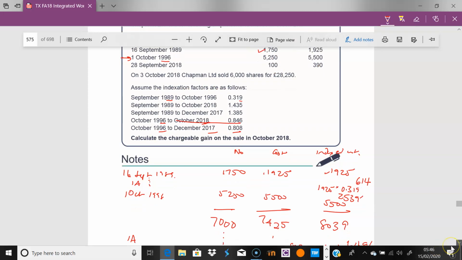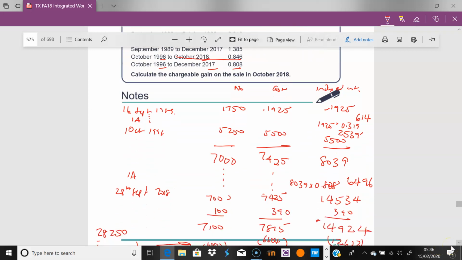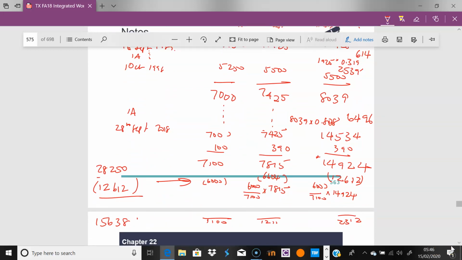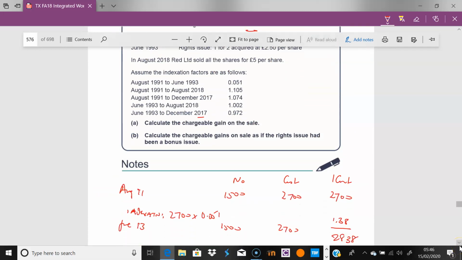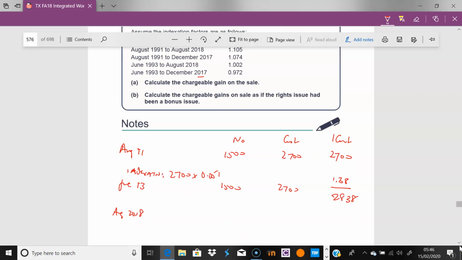No, you didn't buy any more shares. So it's just straight indexation, which is quite nice and simple. So straight away, 1,500, cost 2,700, and I'll index all of this. So here we have indexation, and here we have 2,838.